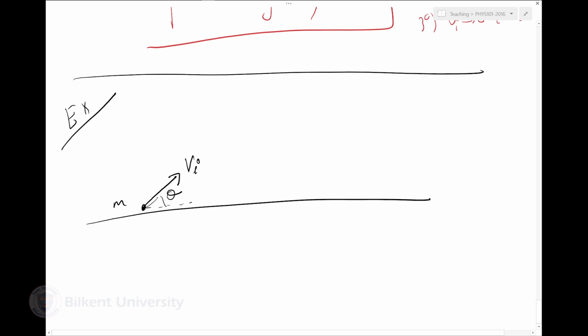First, I'd like to calculate what's the maximum height it actually reaches. The second thing is I would like to calculate what's the final velocity it has.